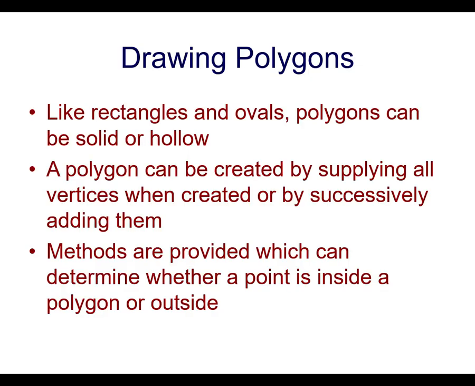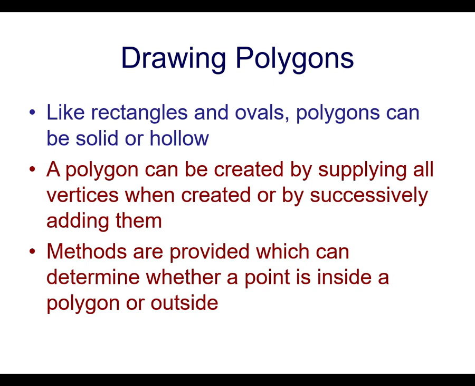Because the example that we intend to use to illustrate key events also involves drawing polygons, we begin with a discussion of what is required to draw polygons. Like rectangles and ovals, polygons can be solid or hollow. The naming convention is similar. To draw a solid polygon, we call fillPolygon.